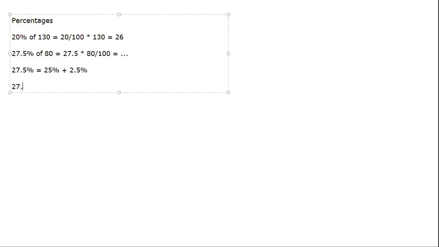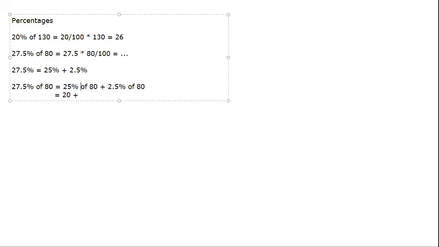So 27.5% of 80 is 25% of 80 plus 2.5% of 80. Now 25% of something means 1/4. So this is very clearly 1/4 of 80, that's 20. Now if 25% is 20, then 2.5% will just be divided by 10. So your answer is 22. Was this approach clear? Yes, sir.